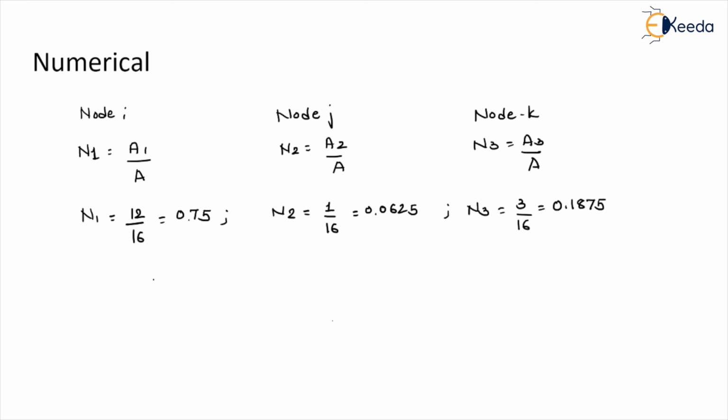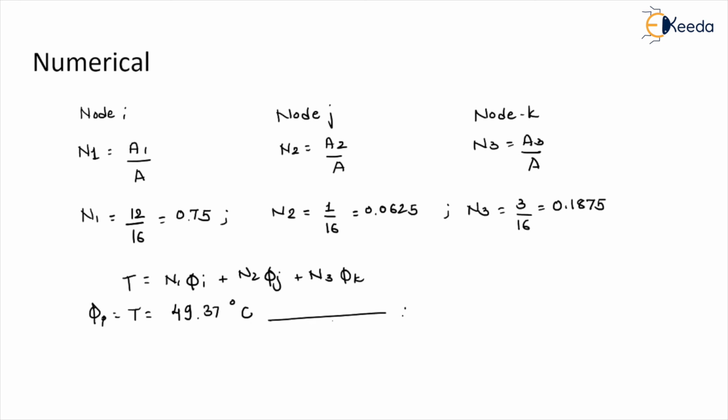So total t equal to n1 theta I plus n2 theta j plus n3 theta k. Putting all these values here, we will get the temperature of point P, theta P, equal to 49.37 degrees centigrade. So here is my answer.